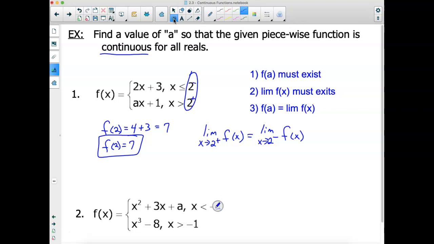The limit from the right side, if I put 2 in there, I have 2x plus 1, and that has to equal my left-sided limit. Here's my left side, and when I plug that in there, I could go through all this math again, but I already found it, when I plug it in it's 7, okay?